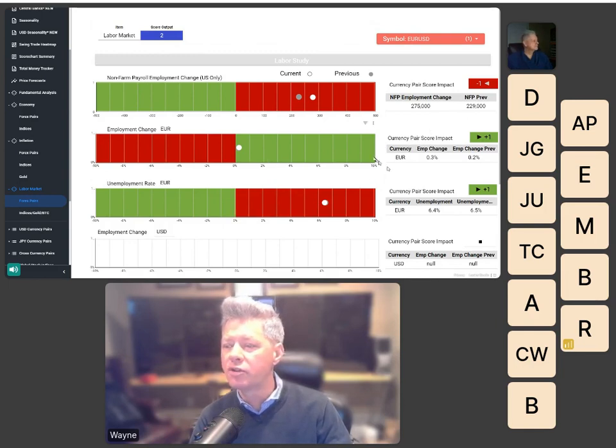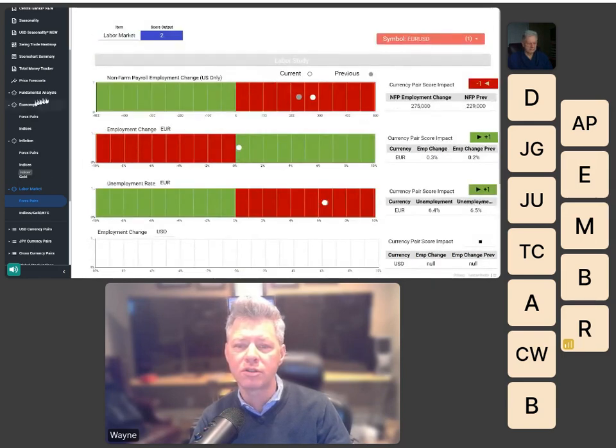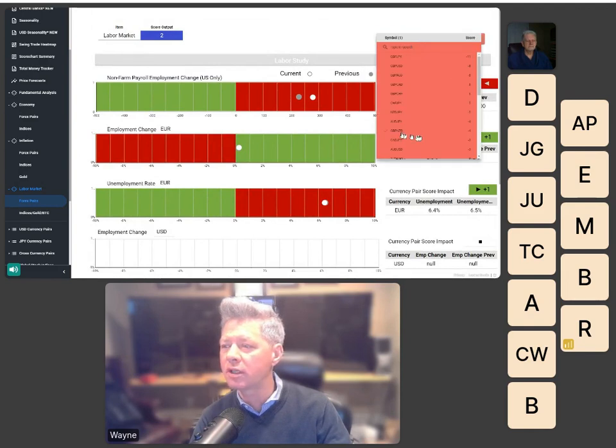Okay. So this analysis is good, right? Euro dollar is good. There's a score output here of 2, which goes into some of these other pages. You can quickly take a look and say, how's Australia doing versus Japan, let's say.